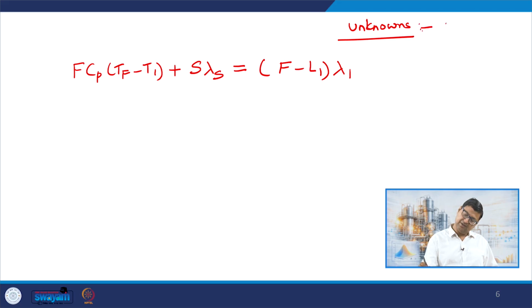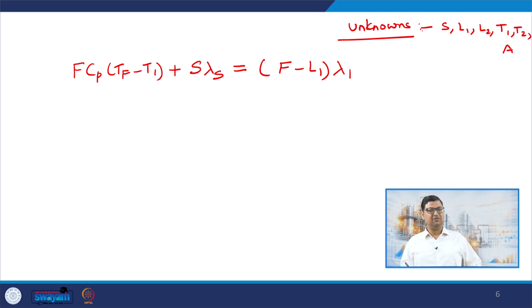originally are S, L1, L2, T1, T2 and A. That's what I started with. But T1 and T2 I have guessed. So for the guess value T1, I know T1, and TF is not an unknown, F is not an unknown, Cp is not an unknown. Now the only unknown here is still S, right? And Ts is also not an unknown, right?